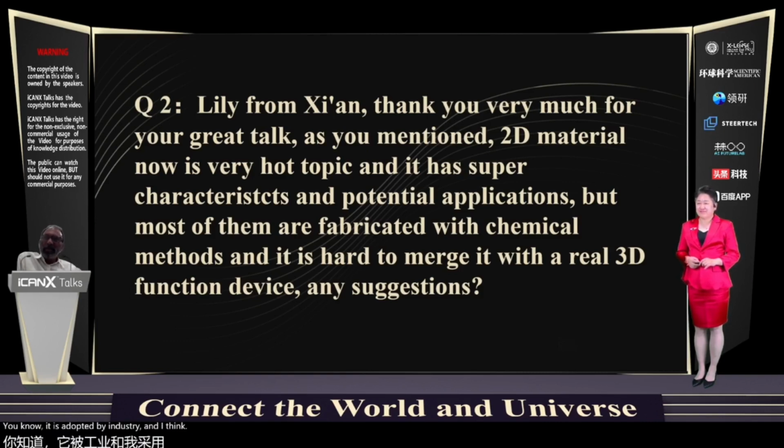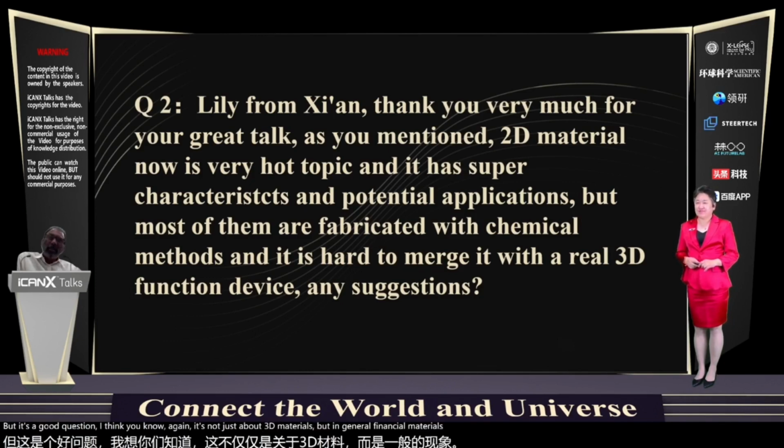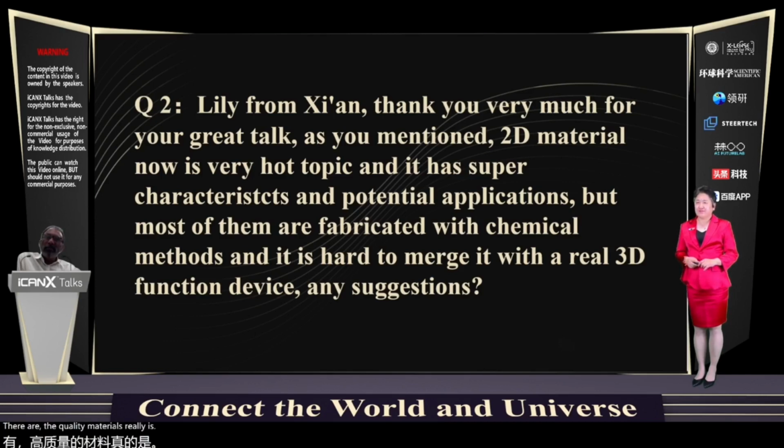For materials like TMDs, there's now quite a bit of interest from the industry side, and a push towards making systems that are more robust and higher quality. It's a good question. It's not just about 3D materials, but in general for nanomaterials: the quality of materials really is key for many of the applications to come through.